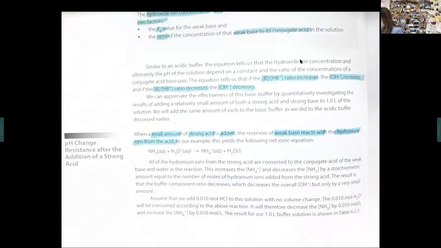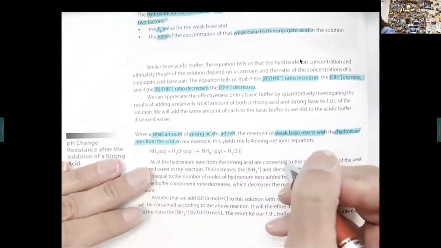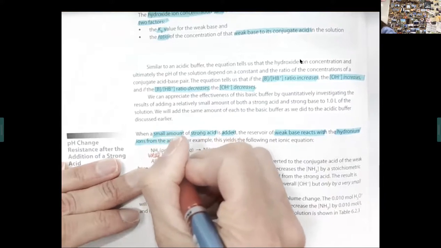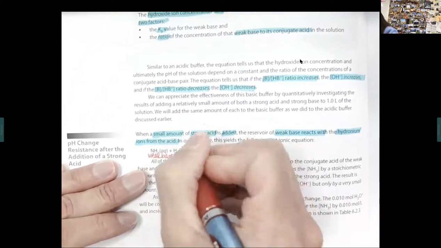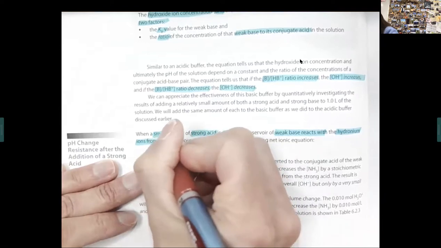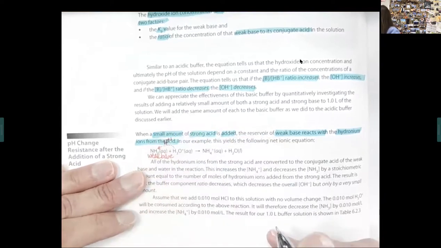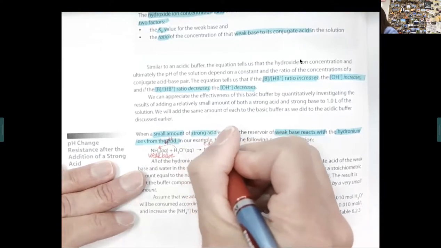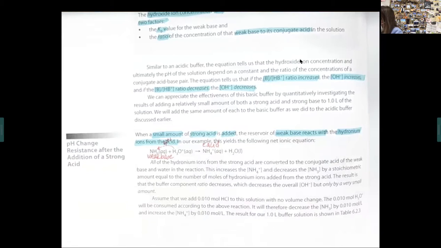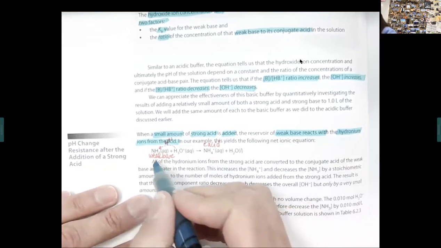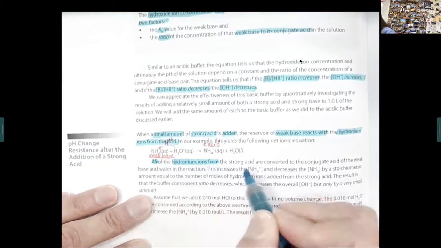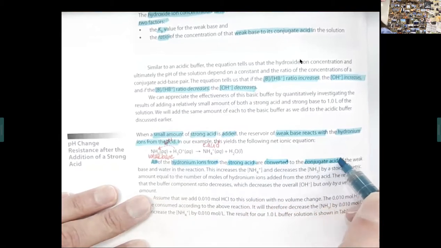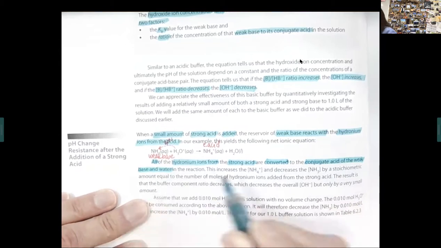So here you've got your weak base ammonia, and you're going to have a hydrogen donated to it, and you're going to form its conjugate acid. So what happens is all of the hydronium ions from the strong acid are going to be converted to the conjugate acid of the weak base and water.